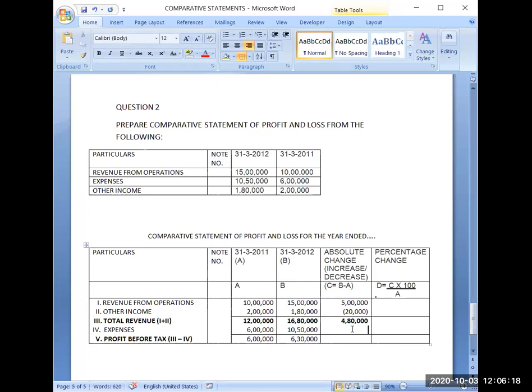And 10,50,000 minus 6 lakh will be 4,50,000. Then 6,30,000 minus 6 lakh will be 30,000. Sometimes because we don't practice these things properly, we get confused in exams even in this simple process. For each and every row, I have to do B minus A. No addition or subtraction in this column.